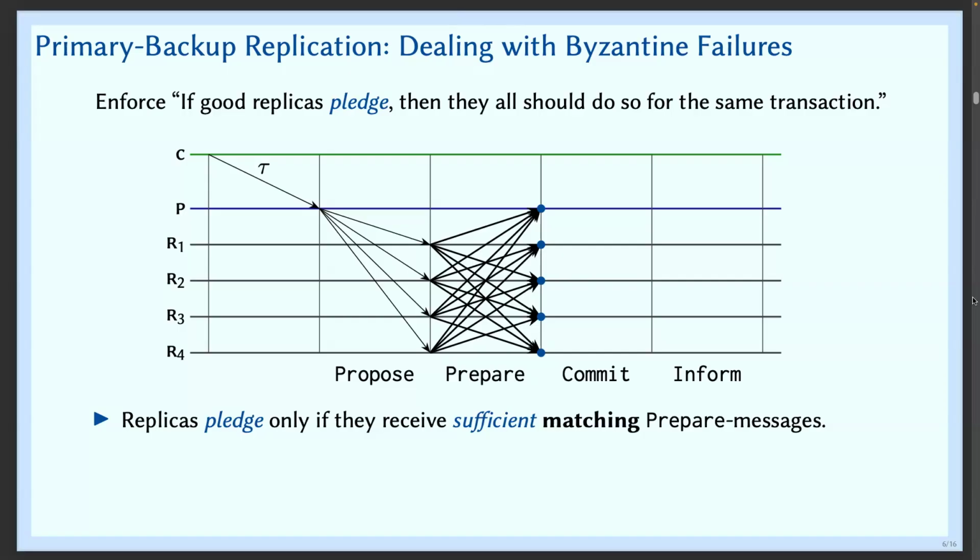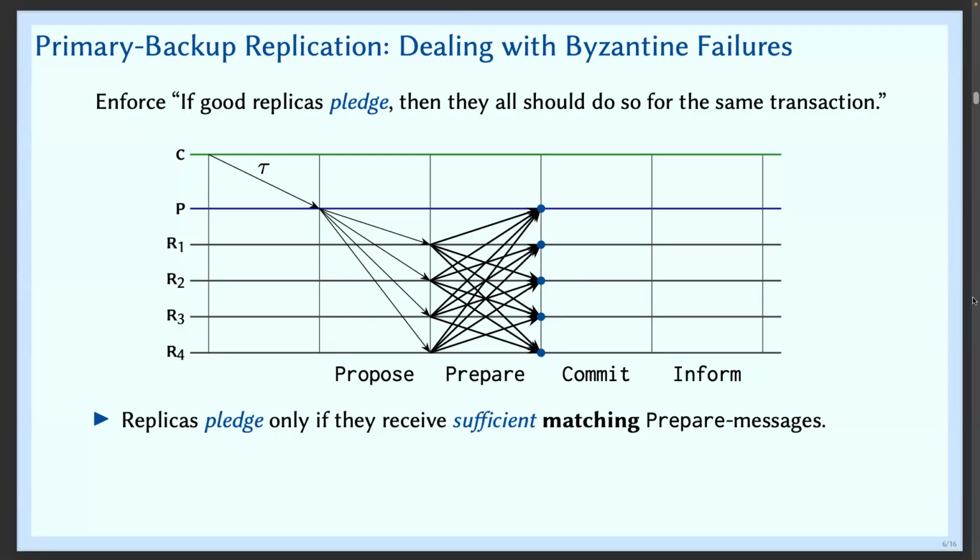So each replica needs to receive at least 2F plus 1 messages from other replicas to be prepared? 2F plus 1 is a quorum. In order to form a quorum, we need 2F plus 1 messages. That's the definition of the majority. The majority here is 2F plus 1.